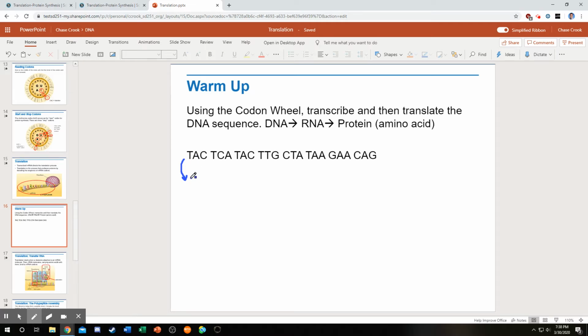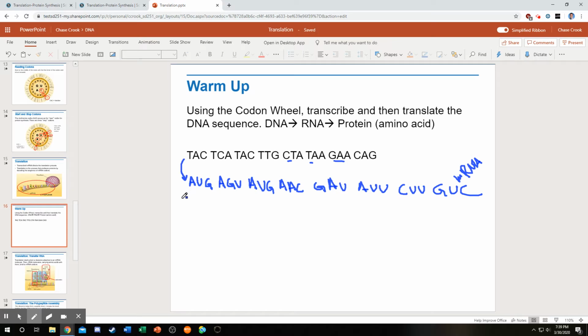We know that T would bind to A, A would bind to U because it's RNA, and C would bind to G. So the mRNA is: A U C A U A C U G A U U C U U G U C. So there we have our mRNA built.